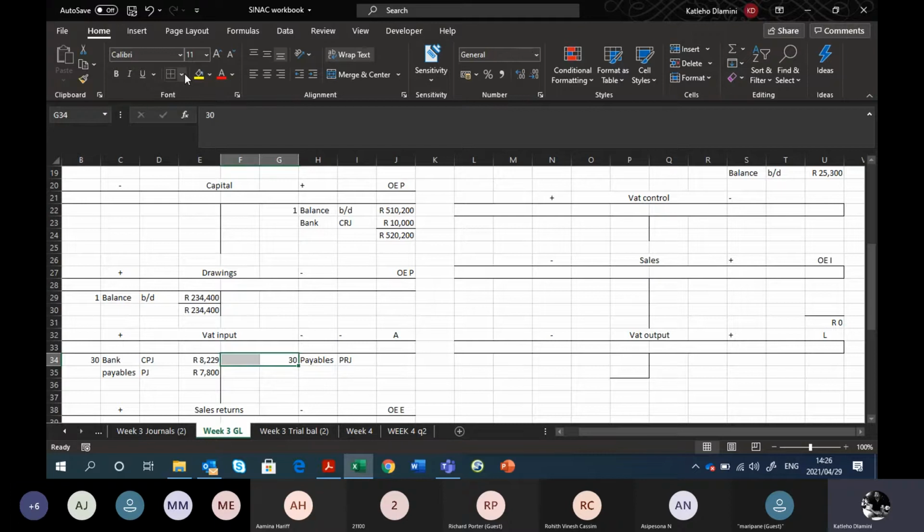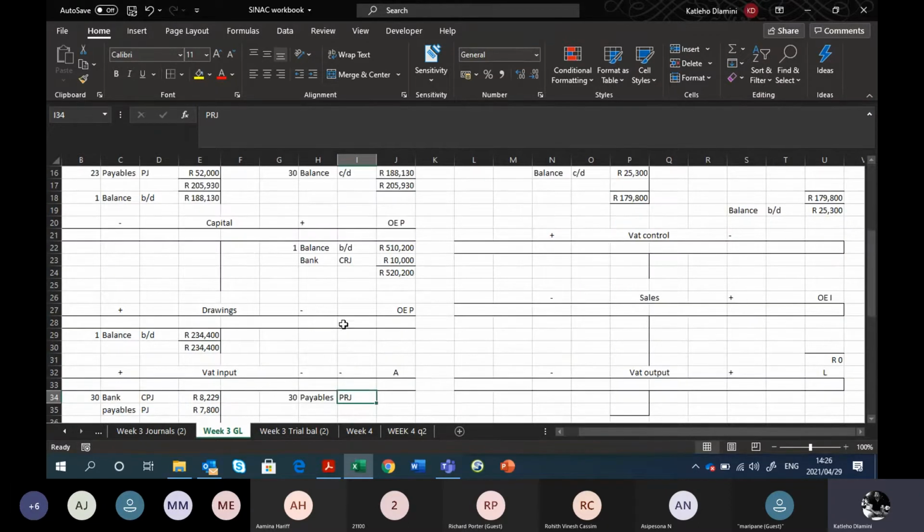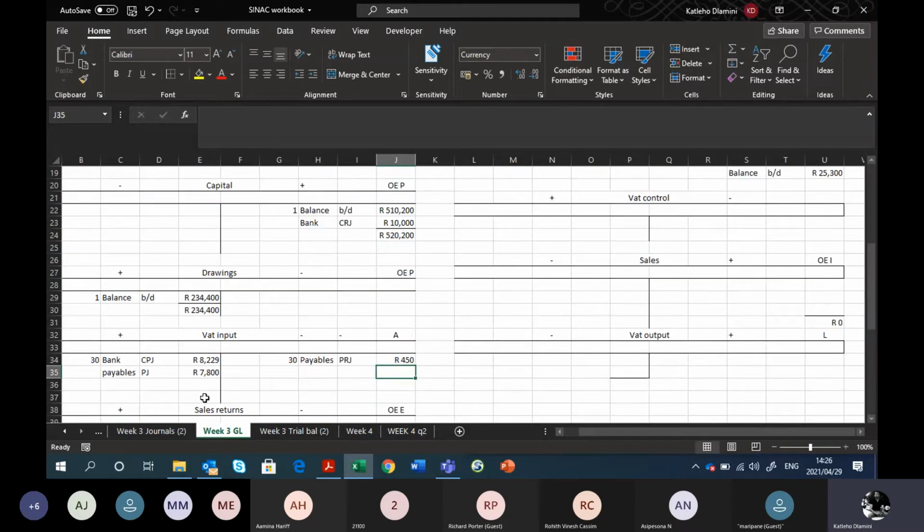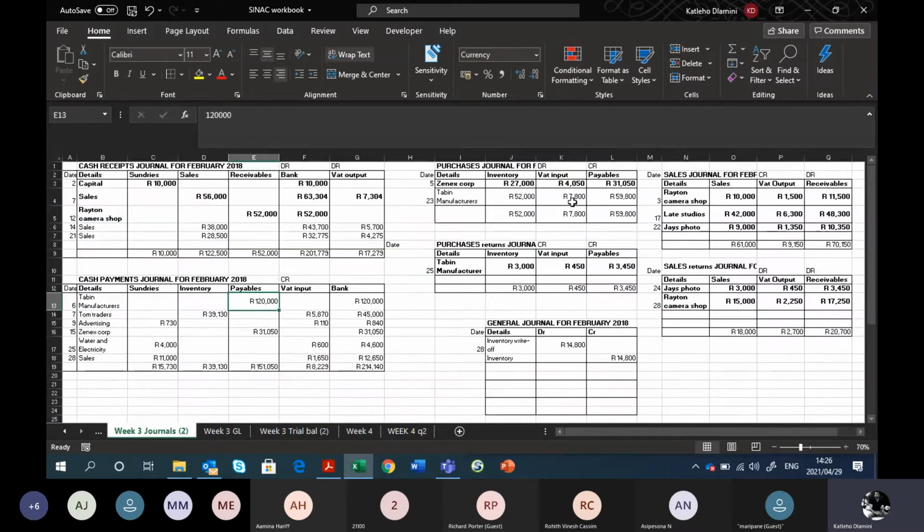No border, and then I'm going to need top and left. I have no idea why we have an extra border here. That is weird. In any case, VAT input over here, purchase returns journal, 450. Then the next one, let me see. So we did this one, that one, and this one. And that is all we have to do.